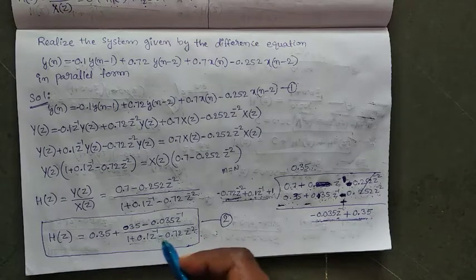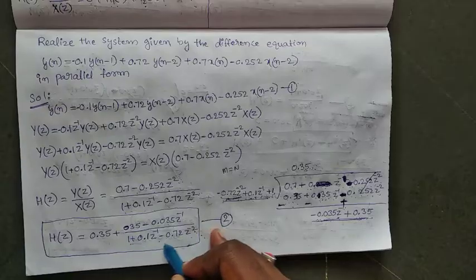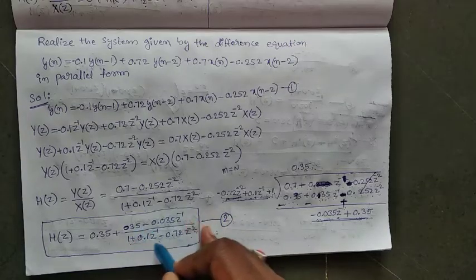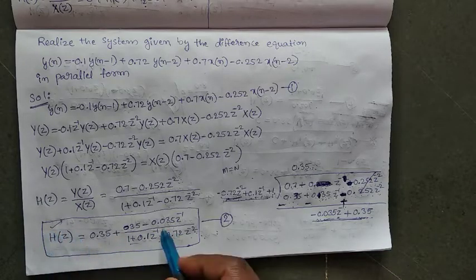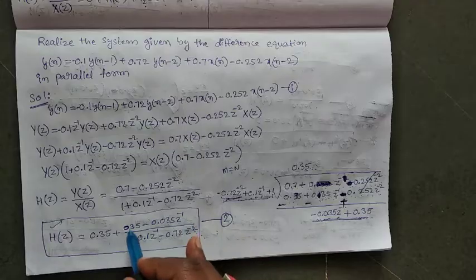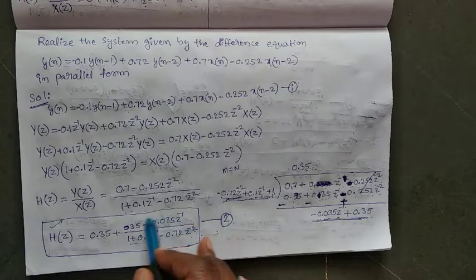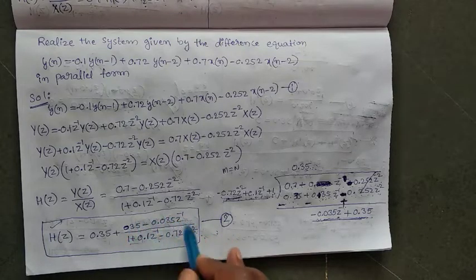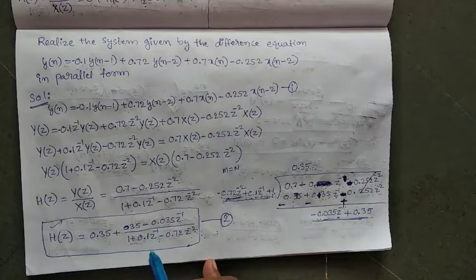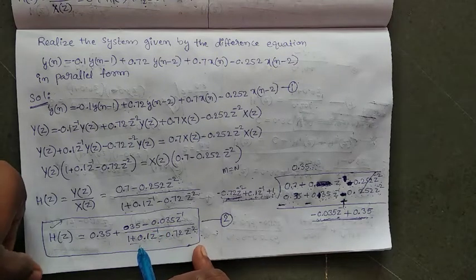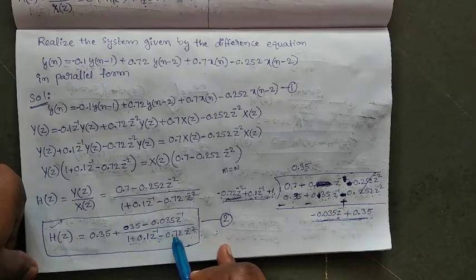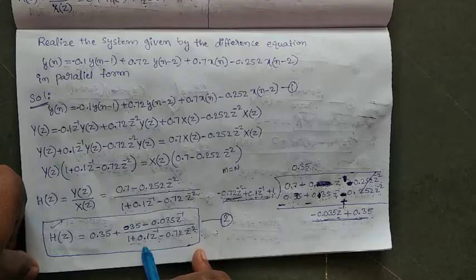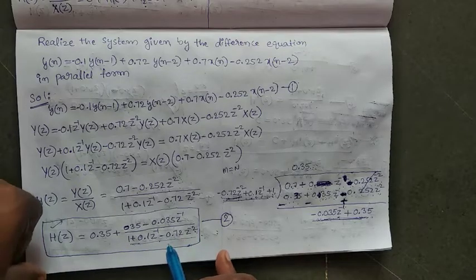Now we are applying partial fractions to H of z. How can we perform it? First of all, we apply partial fraction to this term. We represent the denominator in terms of roots.